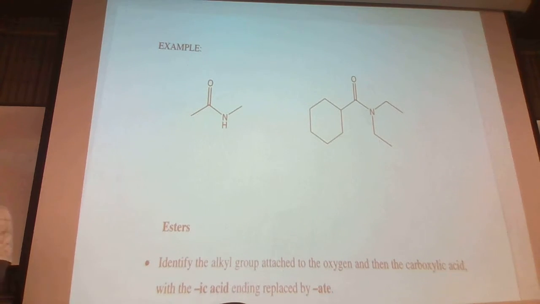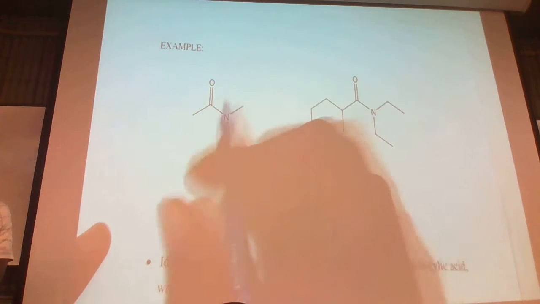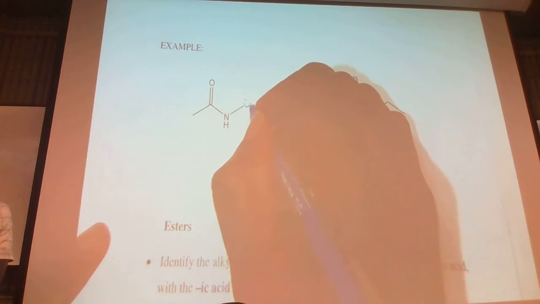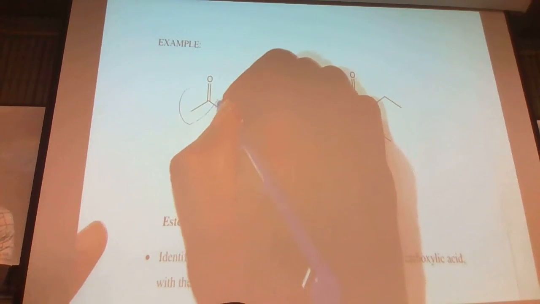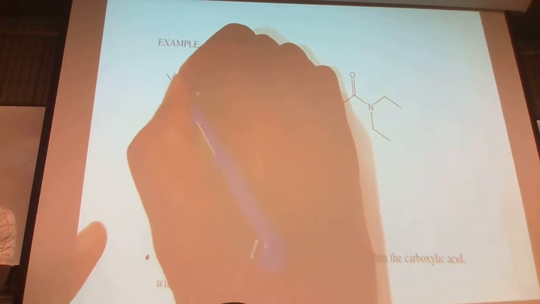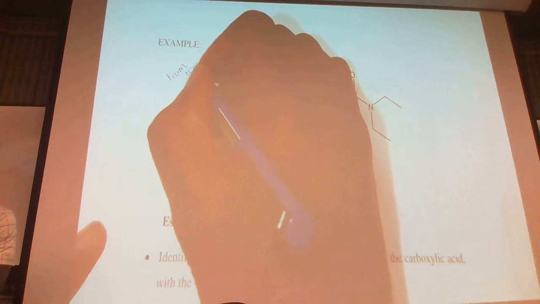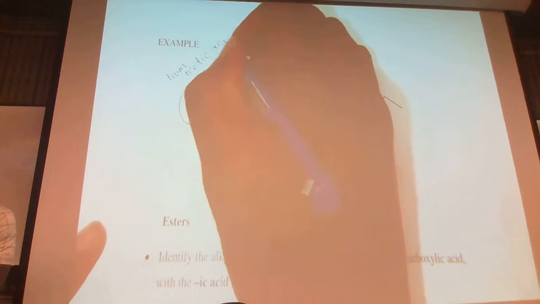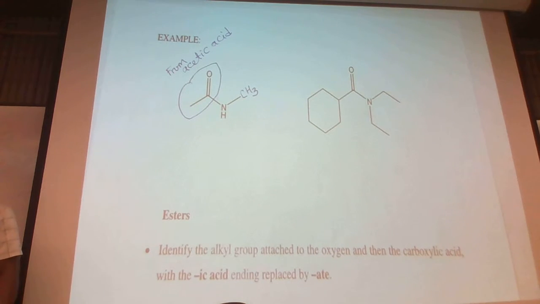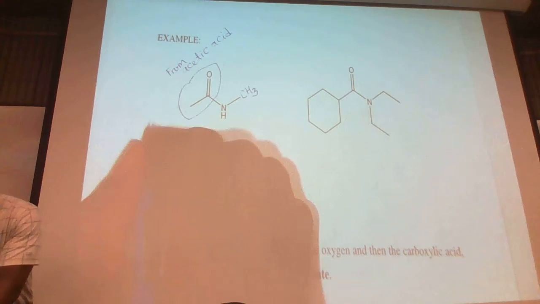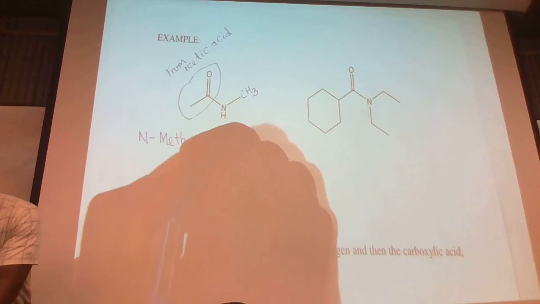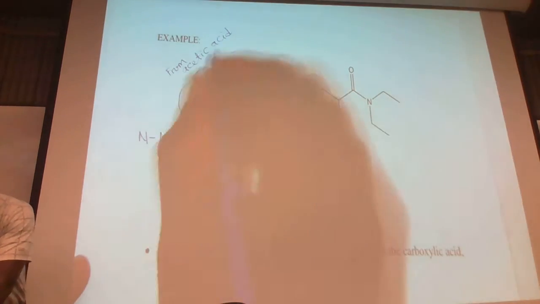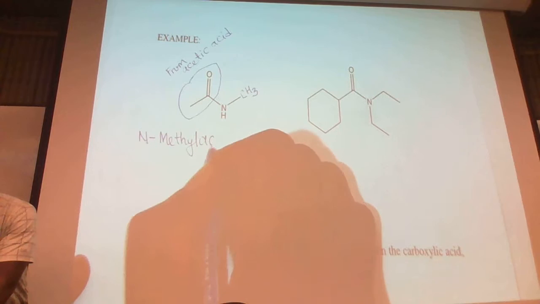So here you have, this is a skeletal structure, so there's a CH3, correct? And this is from acetic acid. Because there's a methyl group on the nitrogen, we're going to say N-methyl, and then we put the acetamide.